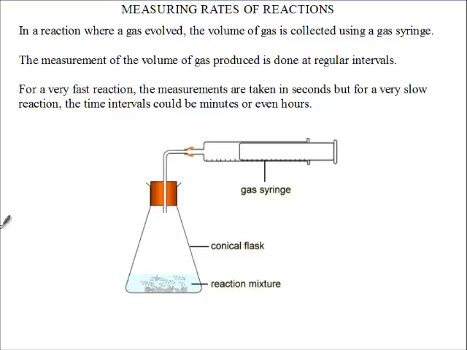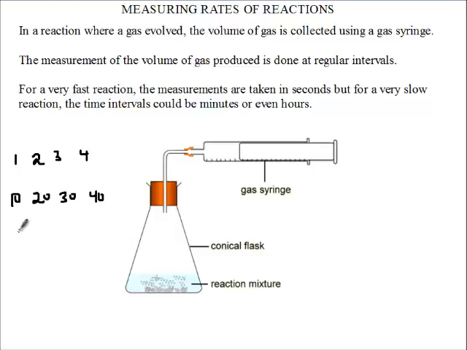What regular intervals means is that if we are talking about seconds, we are going to measure at regular intervals of seconds. So we say 1 second, we can measure at 2 seconds, 3 seconds, 4 seconds, or we can decide to measure at 10, 20 seconds, 30 seconds, 40 seconds. So that means the distance or the space in between the two times are the same.